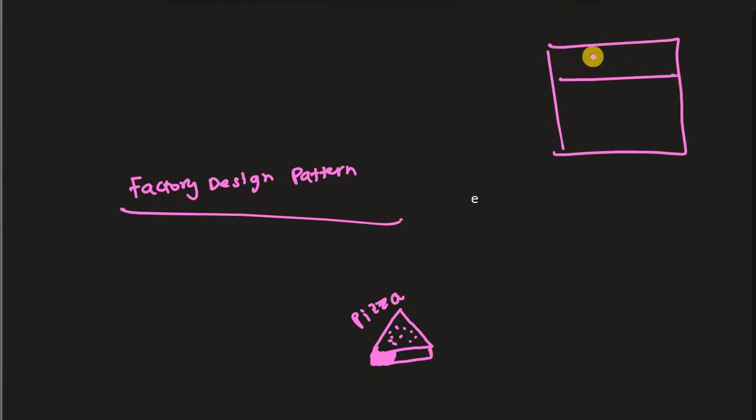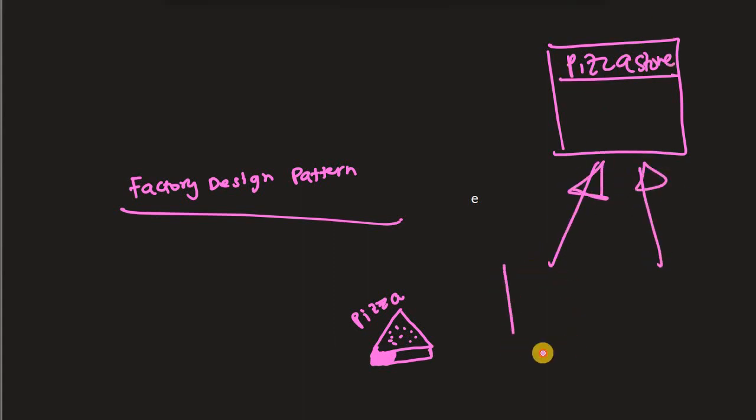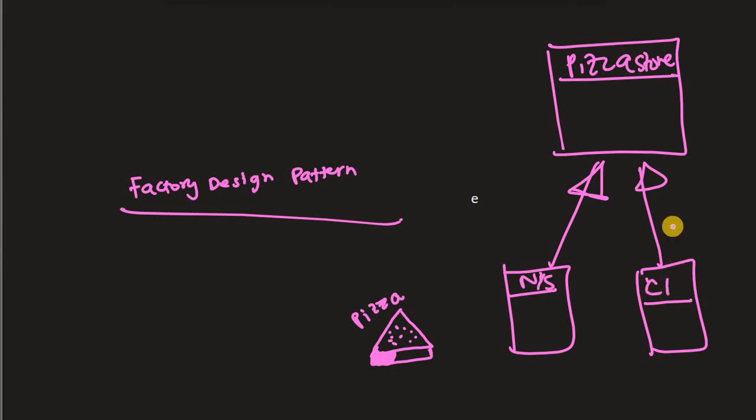An example would be, let's say, you have a pizza store. Okay, so this is a pizza store class and you have two subclasses, two more stores: a New York style pizza store and a Chicago style pizza store. These two stores simply extend the abstract class, which is the pizza store.